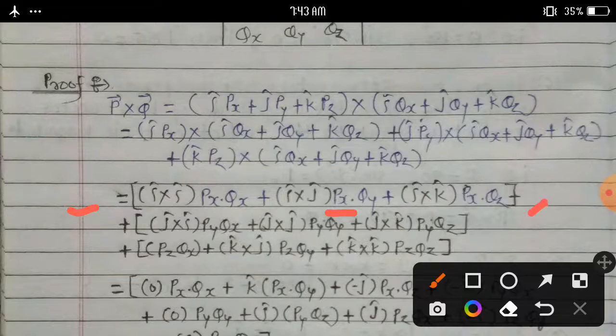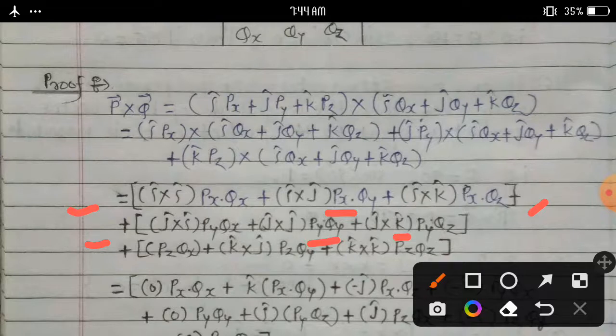This is the first bracket. Second bracket: j cap cross i cap py qx plus j cap cross j cap py qy plus j cap cross k cap py qz.